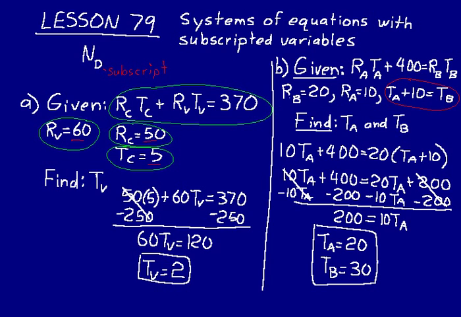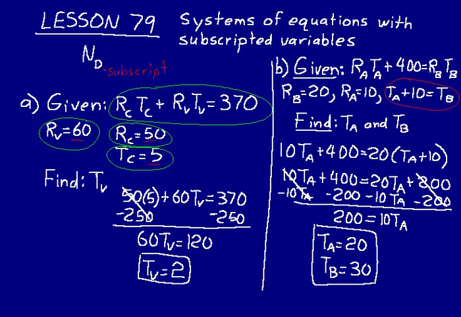When you're working with these subscripted variables, they are just a way to write a variable. When you're doing word problems later on, it might come in handy to use a subscripted variable to help you describe what's going on within the word problem.